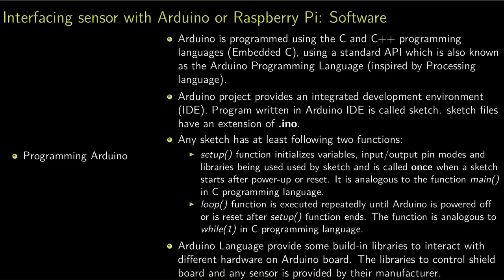It is analogous to the function main in a C programming language. Loop function is executed repeatedly until Arduino is powered off or is reset after setup function ends. The function is analogous to while in C programming language.